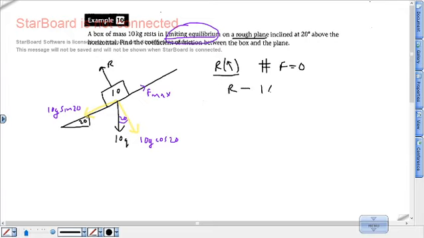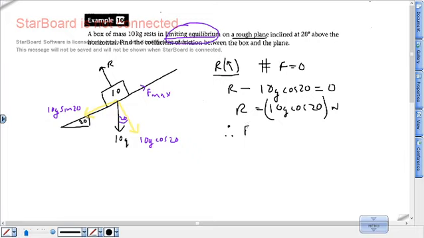Take away the 10g cos 20, and there's nothing else, that equals 0. So I know that R is equal to 10g cos 20, and I'm not going to work that out because that'll be a nasty decimal, and you never round up halfway through, as well you know. It is that many newtons, so I'm just going to keep it like that.